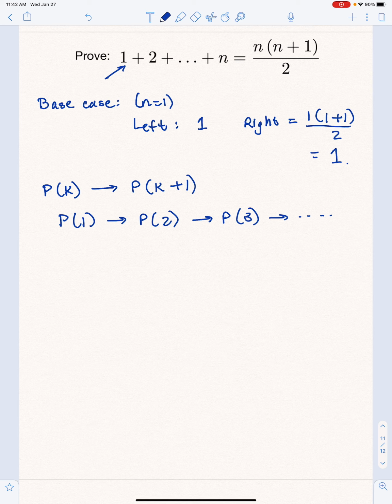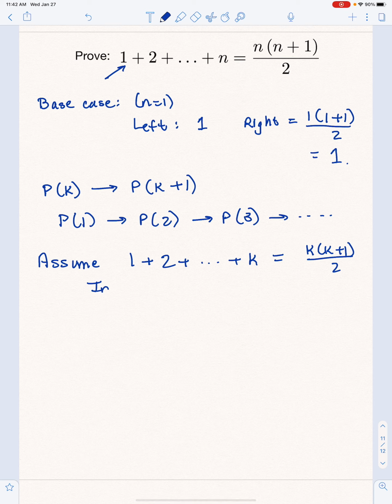So we assume that going up to some number k, we have k times k plus 1 over 2. And this is called the inductive hypothesis.